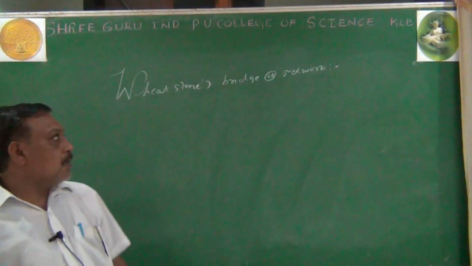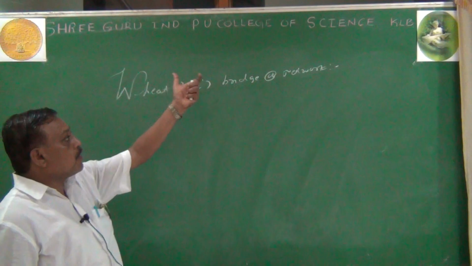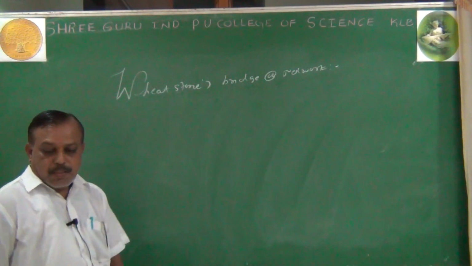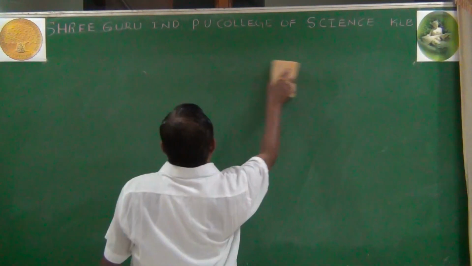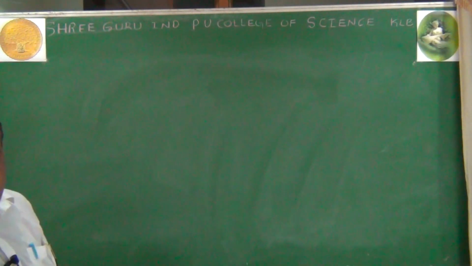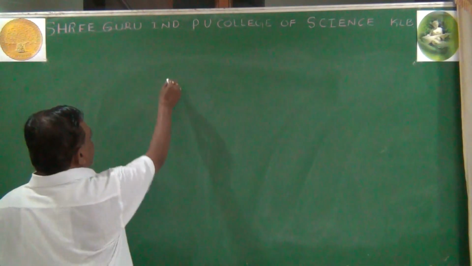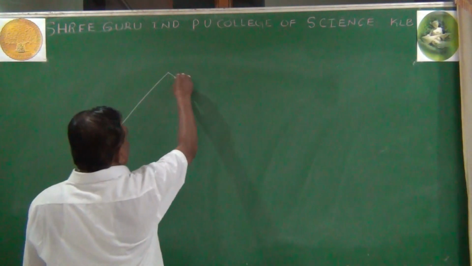Then what does the Wheatstone network or Wheatstone bridge consist of? The Wheatstone bridge consists of a quadrilateral, that is, a four-sided figure.